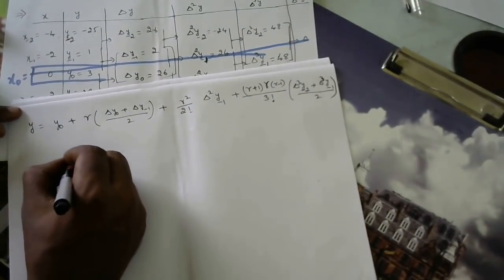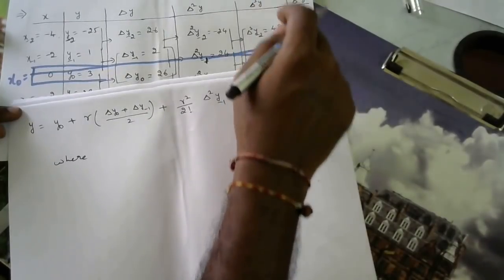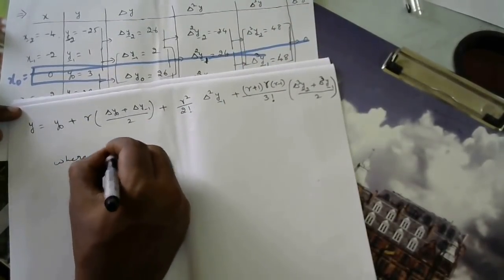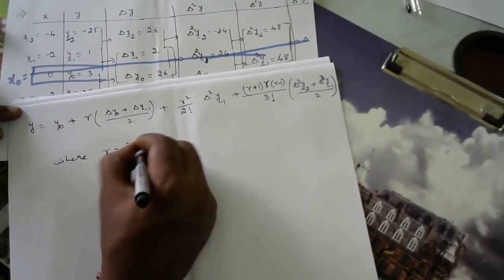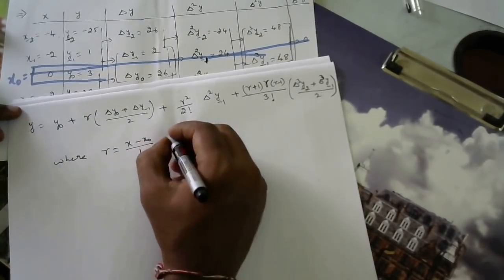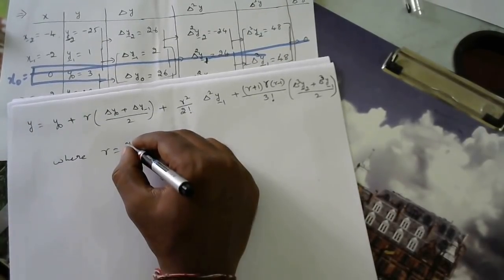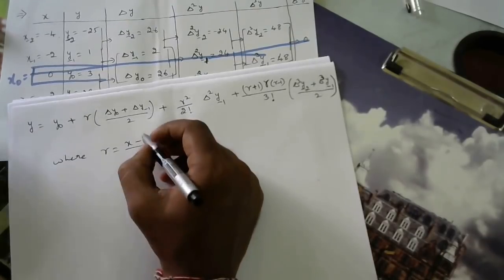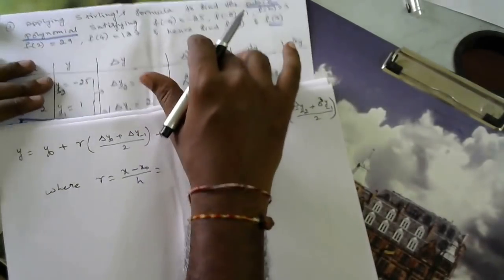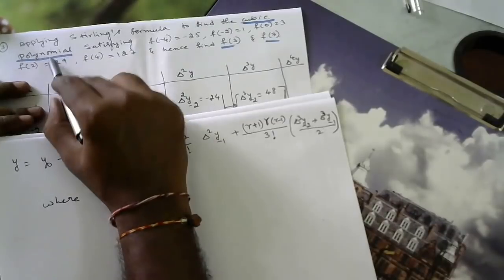Here the last difference is 0, so no need to write that one, where r equals x minus x naught divided by h. So you have to find the cubic polynomial.